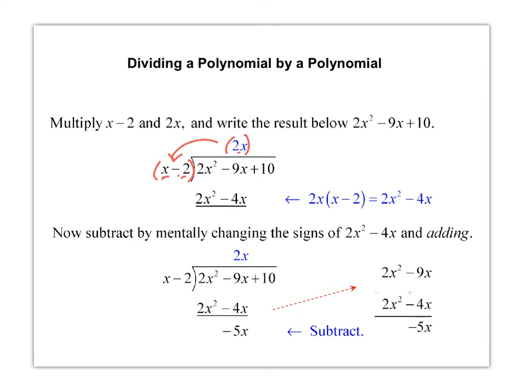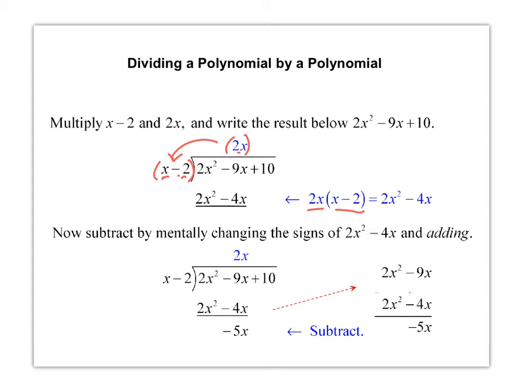And the product, you can write it like this as well, 2x times x minus 2 equals 2x squared minus 4x. So we're distributing that 2x to both of the terms in what we're dividing by. 2x times x is 2x squared, and 2x times minus 2 is minus 4x. Now in long division, as we did in earlier math classes, you subtract this quantity.